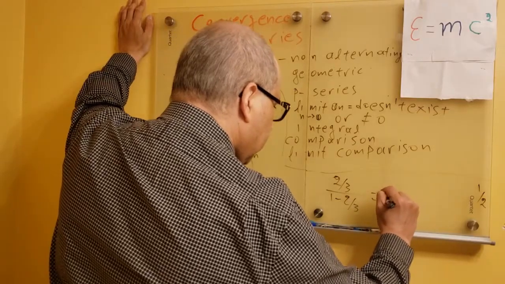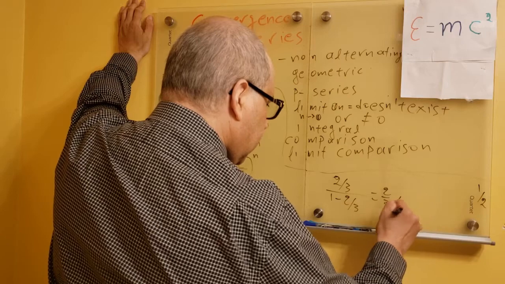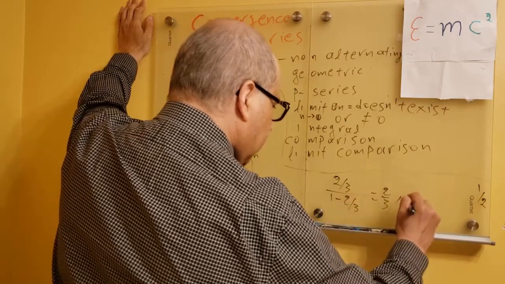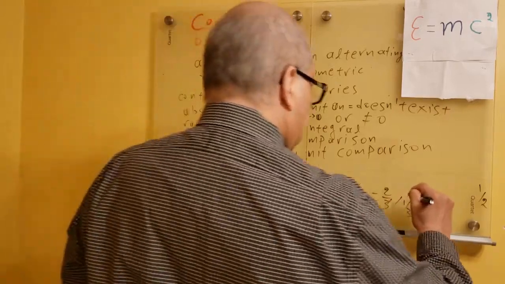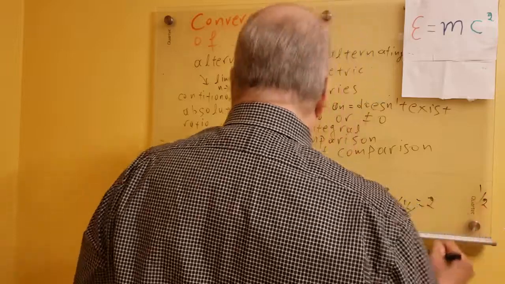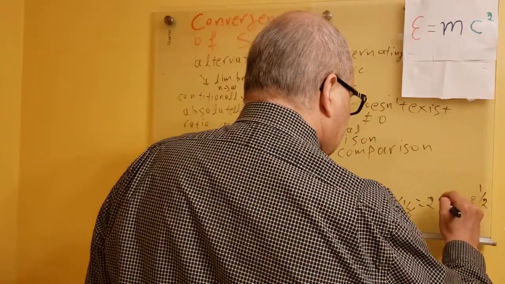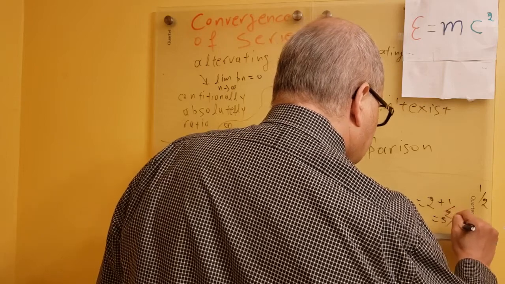So that should be 2/3 over 3 minus 2 over 3, so it's 1/3. The 3 with the 3 cancel, so this here goes to 2. So the whole thing goes to 2 plus 1/2, which is equal to 5/2.